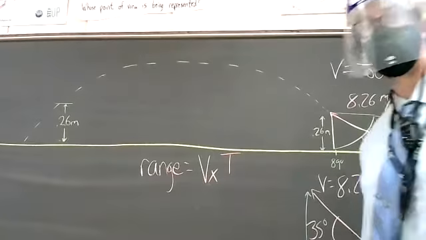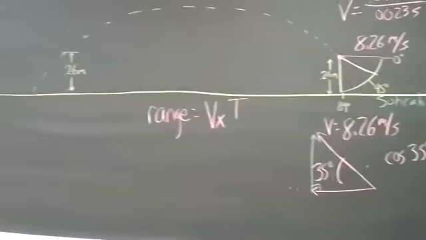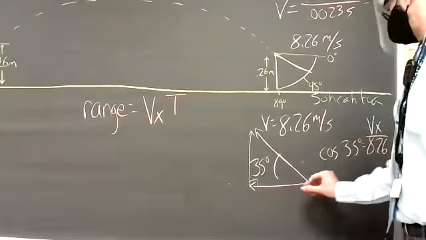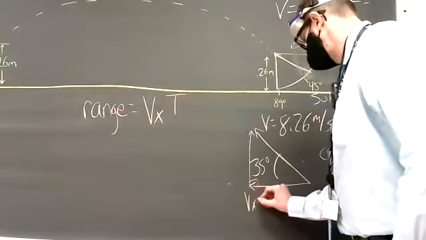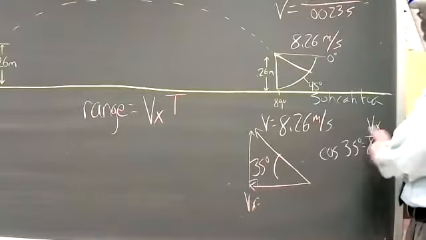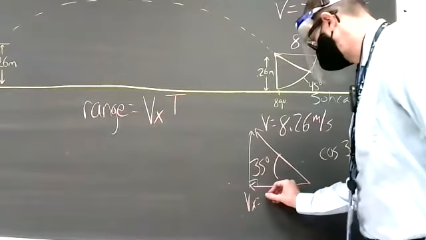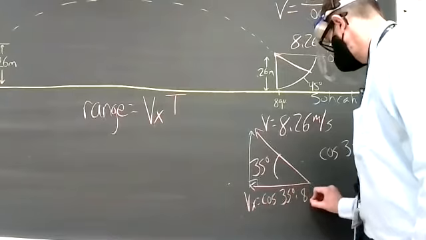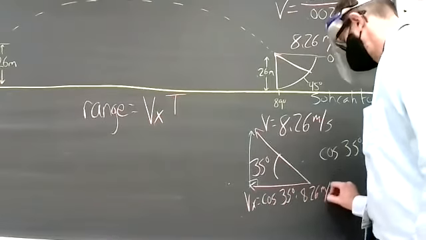So if I come back here now, we can solve that the x component is just, multiply both sides by 8.26, and you have the cosine of 35 degrees times 8.26 meters per second.